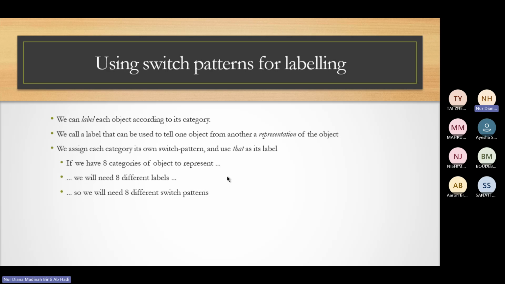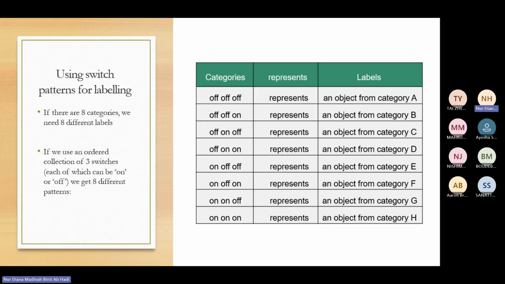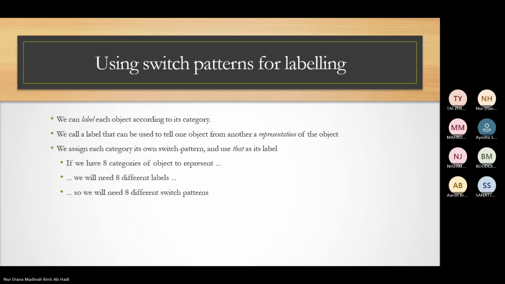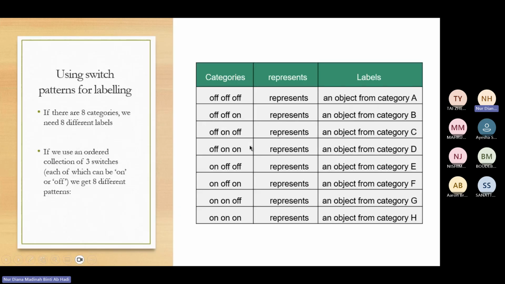If we have 8 categories of objects, we need 8 different labels, so we need 8 different switch patterns. This is an example of the switch pattern we always use. We need an ordered collection of 3 switches, each can be on or off, so we get 8 different patterns.